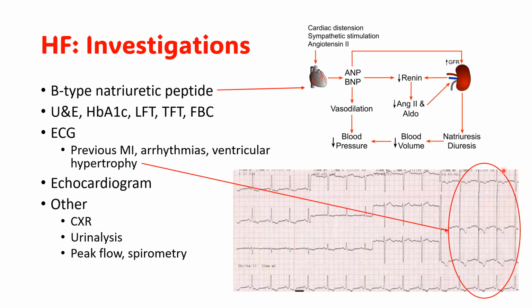And then common features, what you might be able to see or determine from the echo. You might see increased end diastolic pressures, increased systolic wall tension. You might have some left ventricular enlargement, or it could even be right ventricular enlargement, and something called paradoxical septal motion bounce.